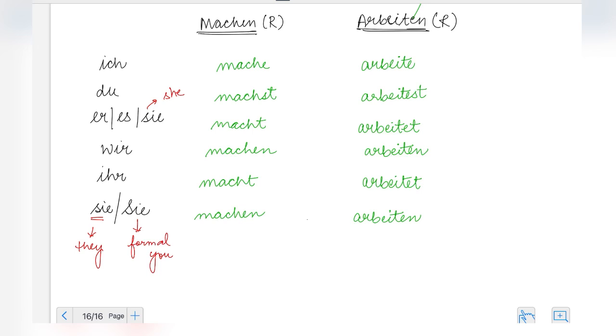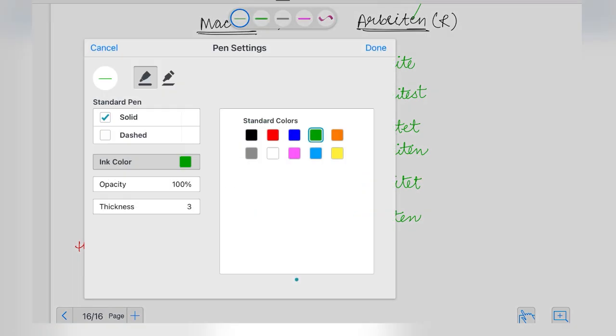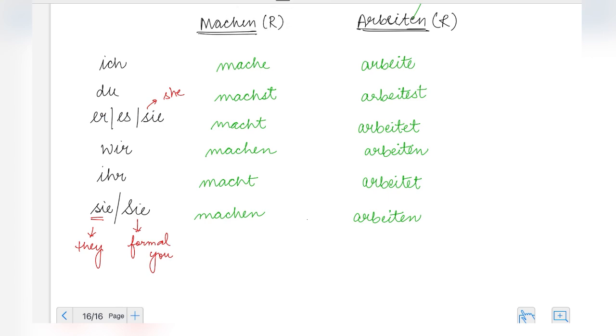You must have noticed that we use certain endings. That means the stem remains the same. The stem of the verb, which is mach, that remains the same. For ich we have e ending. For du we have st. For er, es, sie we have t.